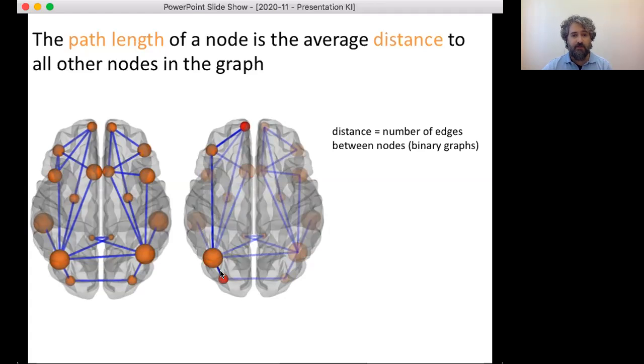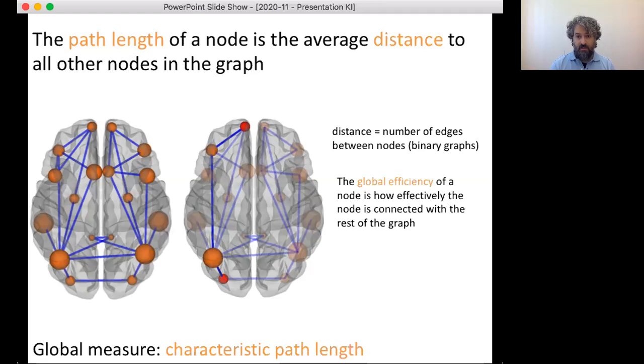In this case, 3. Again, you can in principle calculate the path length for each node, and then you can take an average and calculate the characteristic path length of the whole network, averaging the path length of each node.